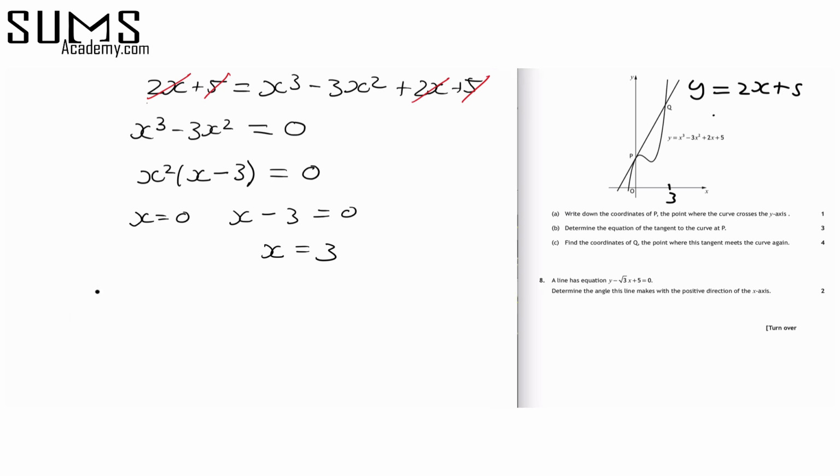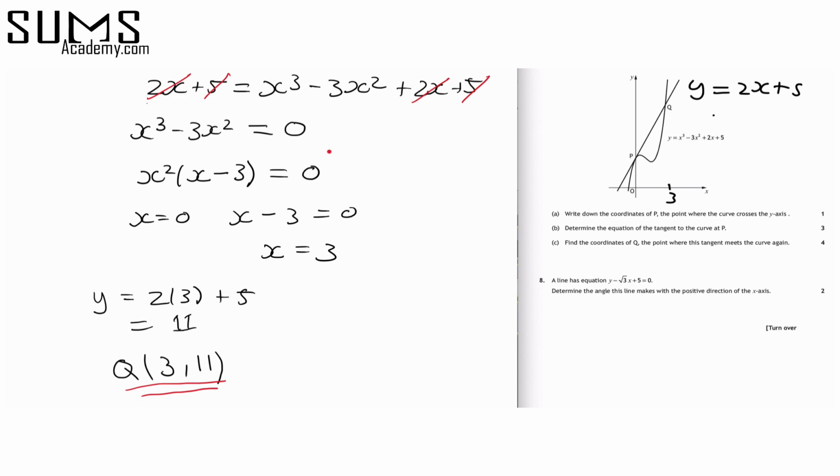So our y coordinate is y equals 2 times 3 plus 5, which equals 6 plus 5, which is 11. Okay, and to answer the question properly, find the coordinates of Q where the line meets the curve again. So Q is (3, 11). And that's the final answer there.